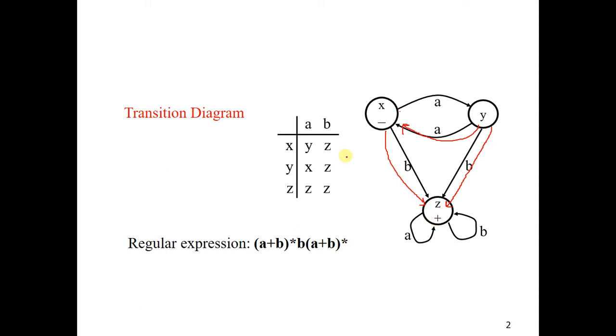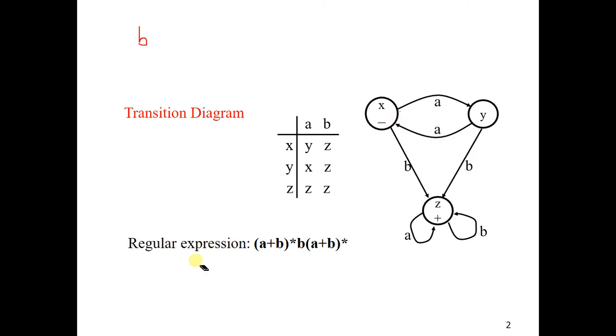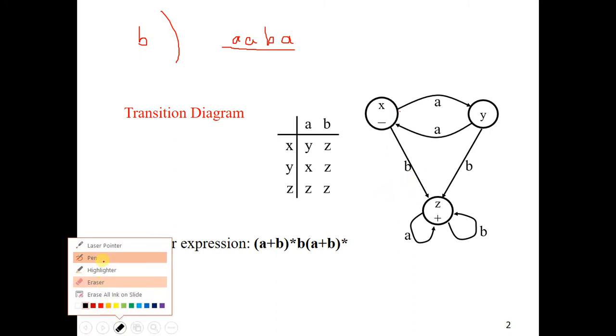Like if you have a simple B, let's see, this simple B would be accepted because for a single B you will end up here. And let's say if you have A, B, A. Let's read this string and run this string through this machine. Let's see what happens. Let's start from here step by step.